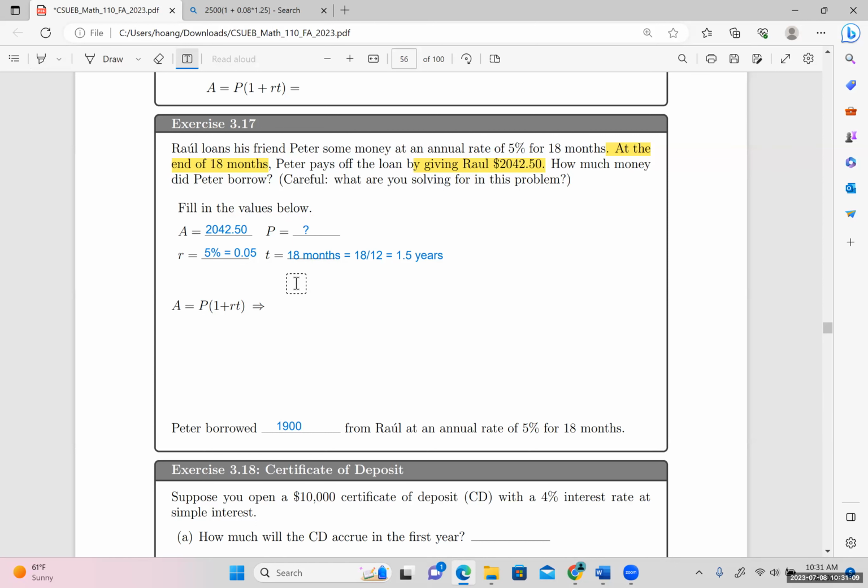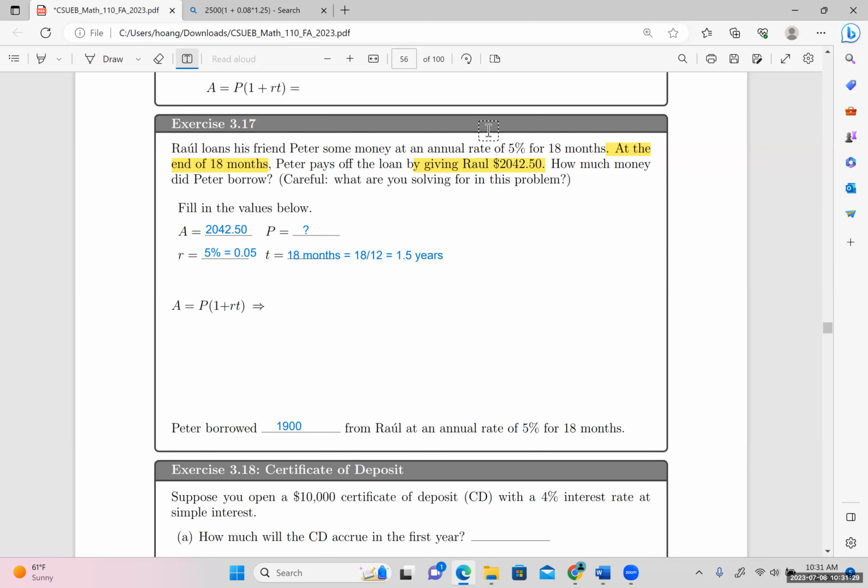So for this kind of problems, we will just keep using the simple interest formula because we are using simple interest right now.